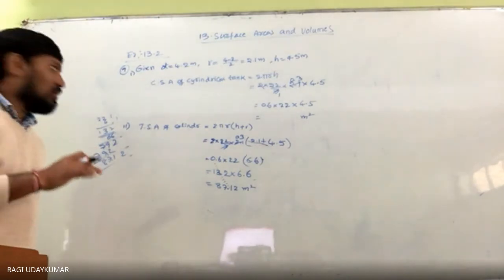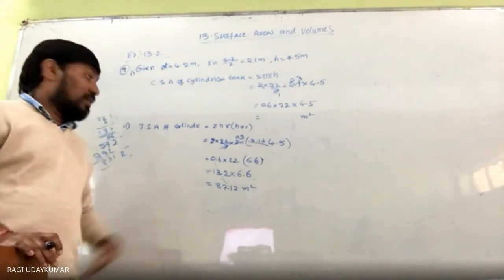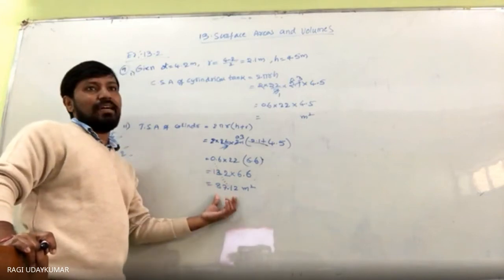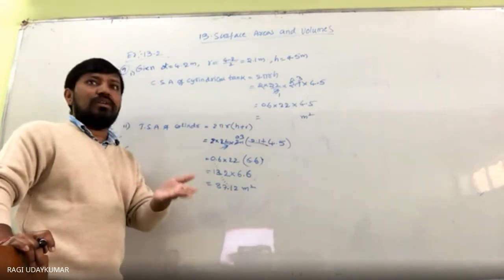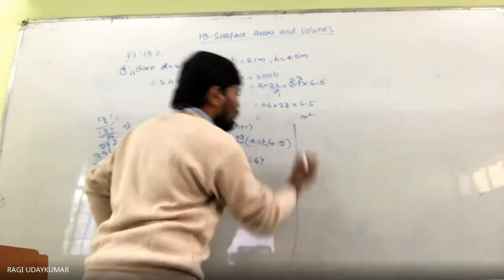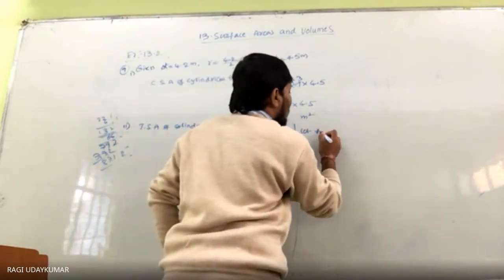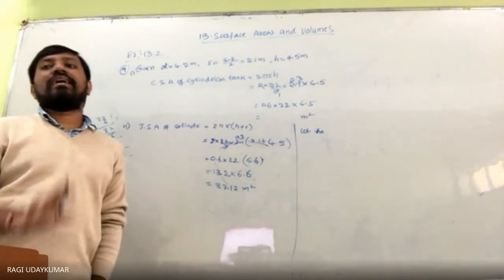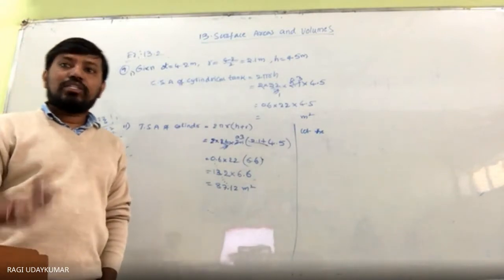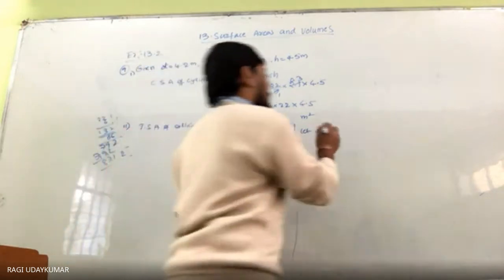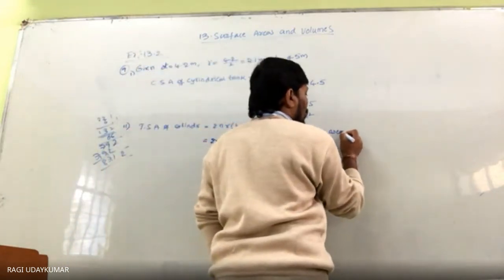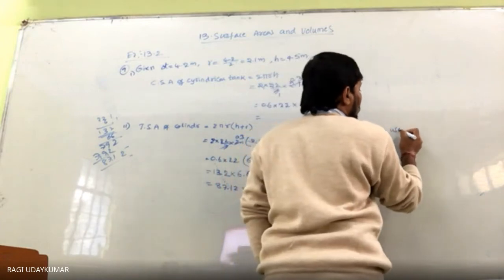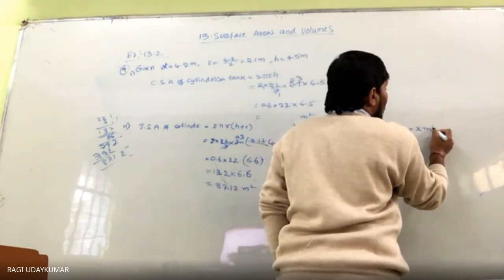Actually it is steel used, not. This is after making that, this is the area, but some area is wasted. So let us consider that, let the actually used steel area be x meter square.